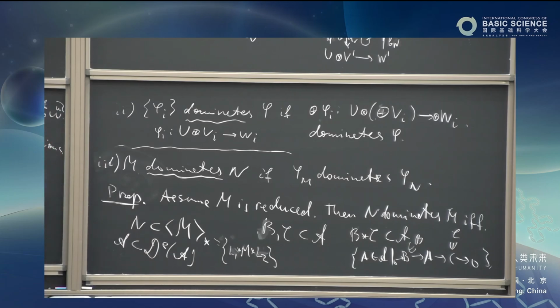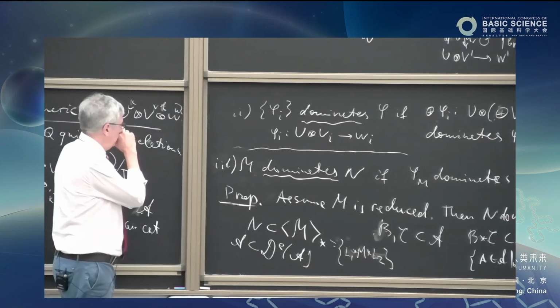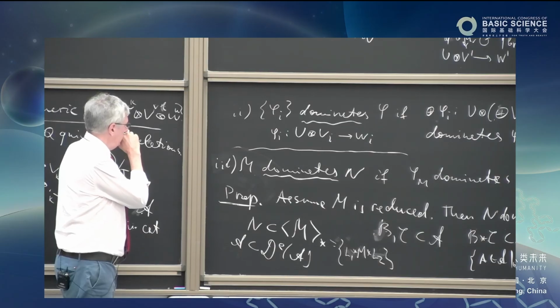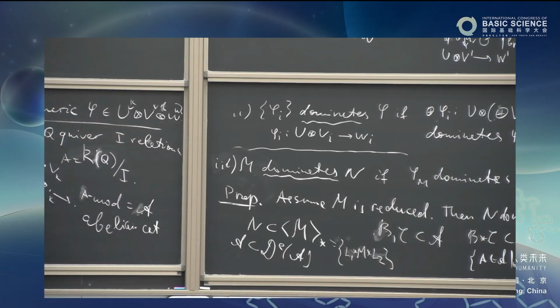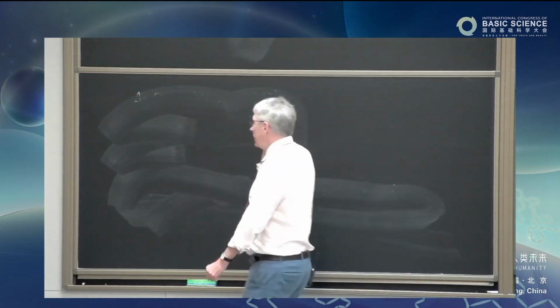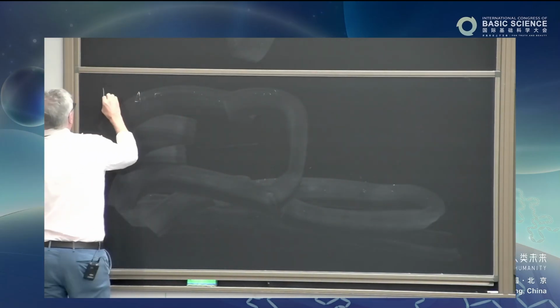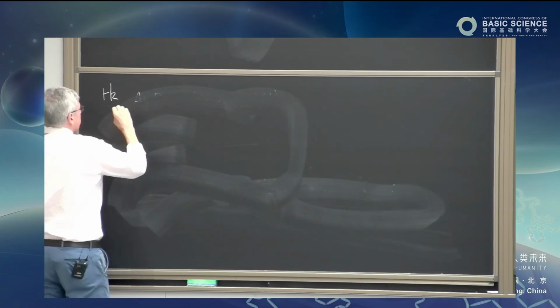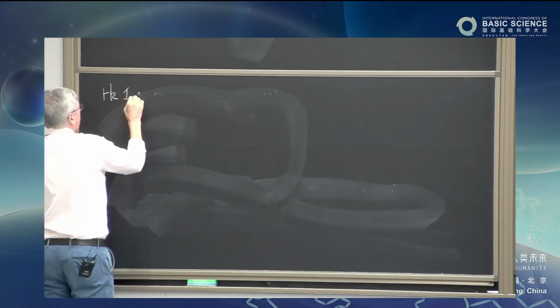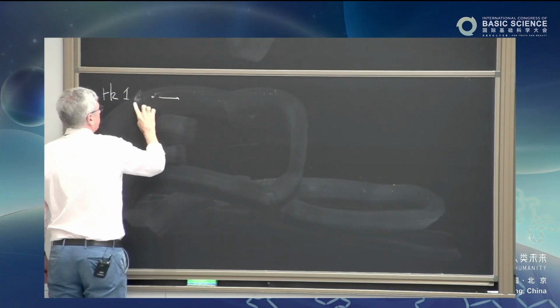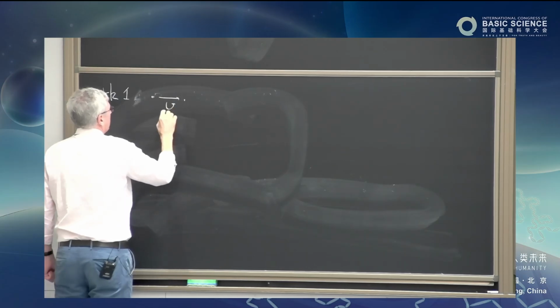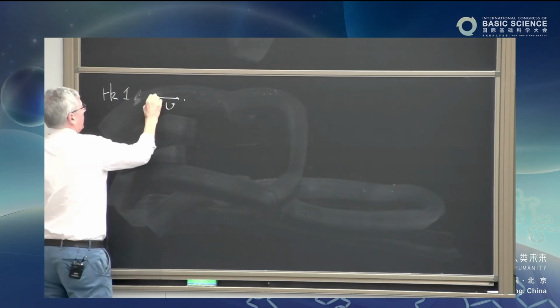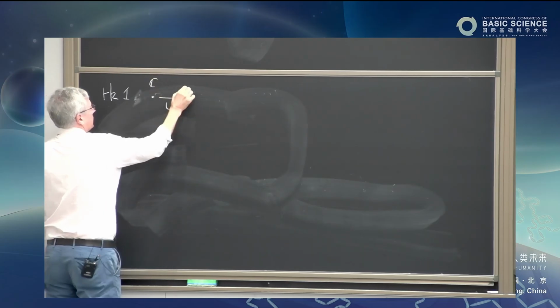So why is it related to the rank? Because for this I should consider rank 1. Rank 1 representations are the following. For this Kronecker quiver, we have this U or basis of them, and we consider a one-dimensional space here and here.